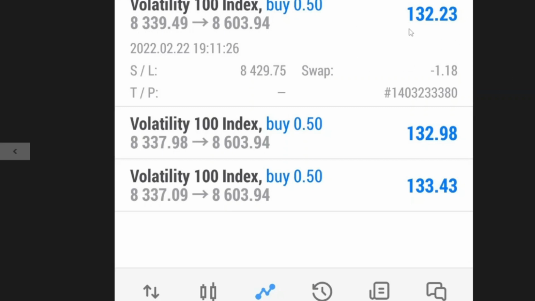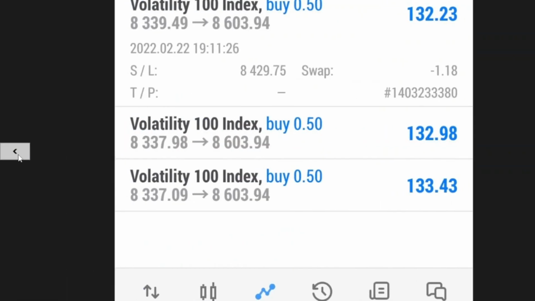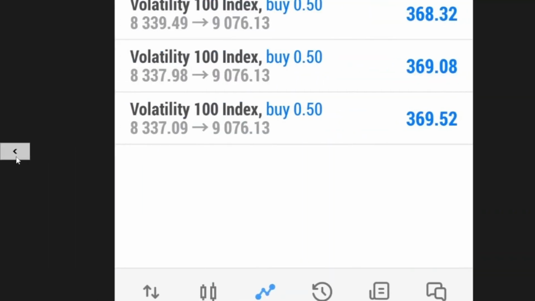So yeah, we started from here. You can see we took this trade just 2 days ago, 22nd of February 2022. So this was our first screenshot that we took when we had moved some few pips, and then moved here, the same trade, 368.32.